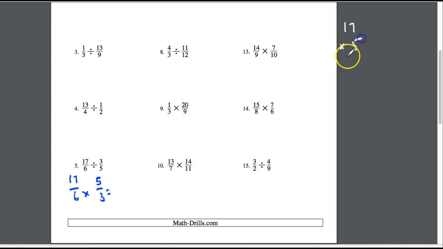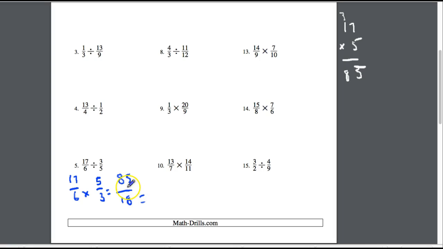There we go. 7 5s are 35. Did that before, didn't I? 1 times 5 is 5, plus 3 is 8. So we've got 85 on 18. Now, we can simplify that.